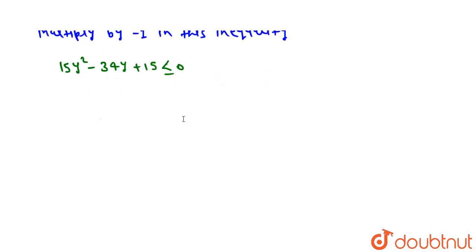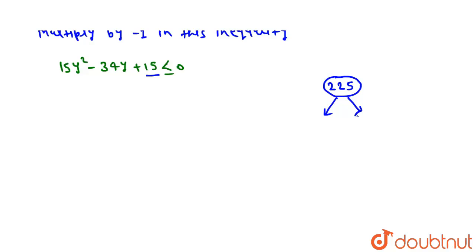Now we factor this quadratic equation. Here we can see that the coefficient of y square is 15 and the constant term is 15. So 15 into 15, that is 225. Now we have to factorize 225 in two parts, means if we multiply these two factors we get 225, and if we add these two factors we get 34.